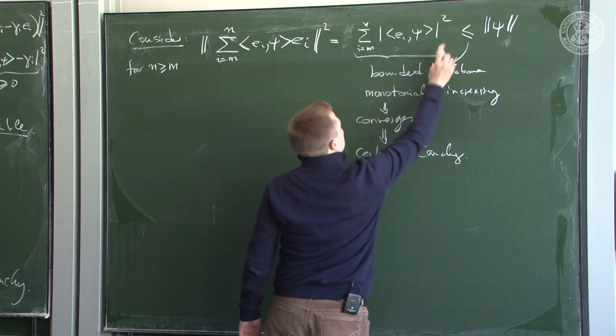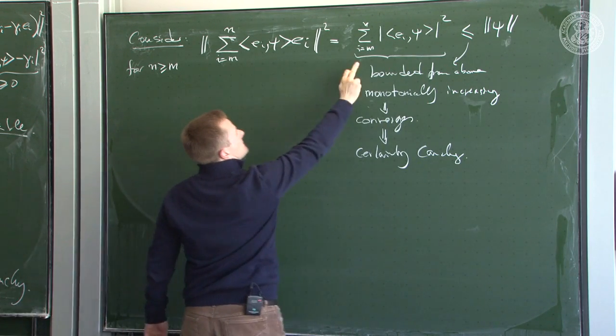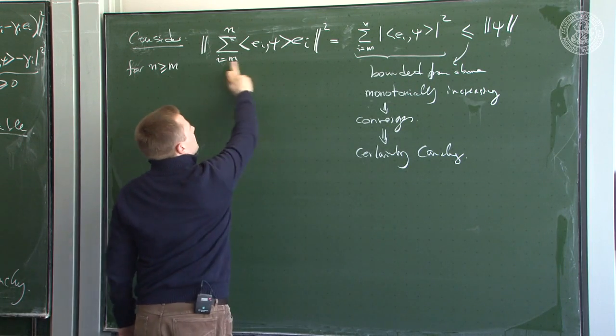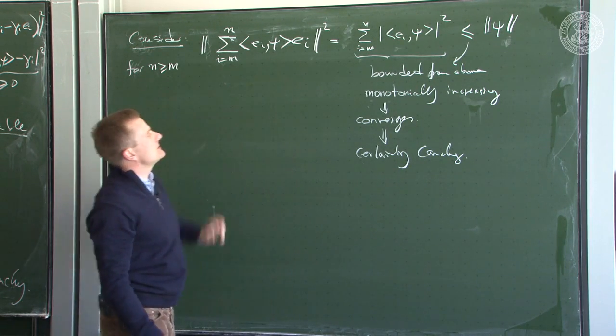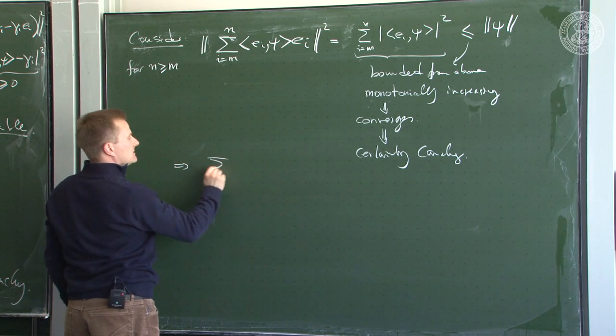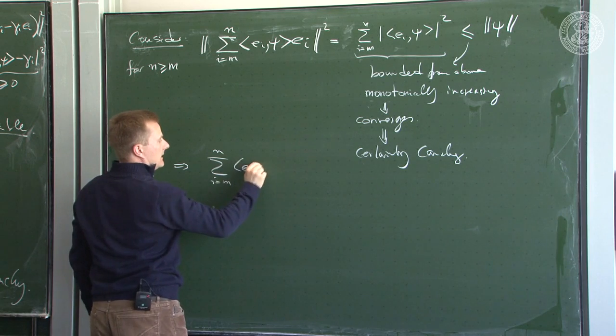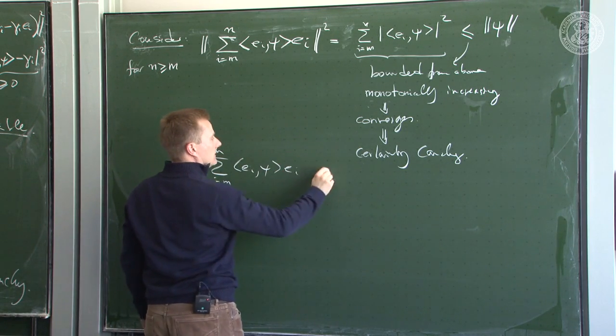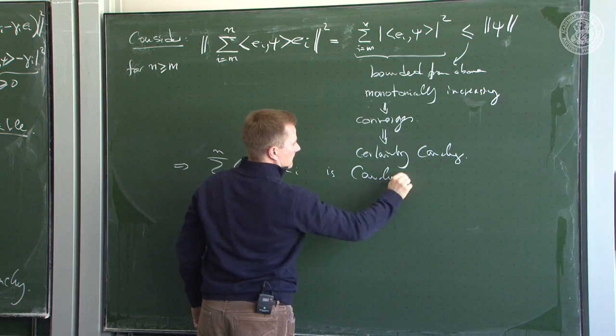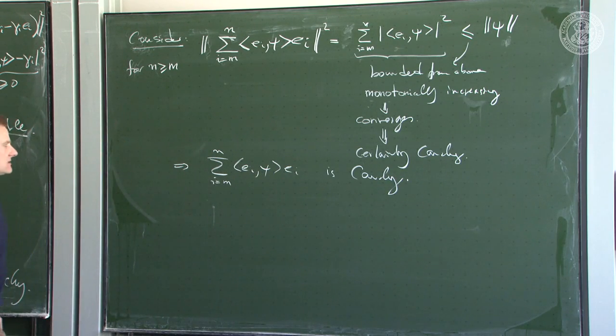But if this sequence is Cauchy, then this sequence in here is Cauchy. Hence the sum i equals m to n, e_i psi e_i is Cauchy. Hence it converges.